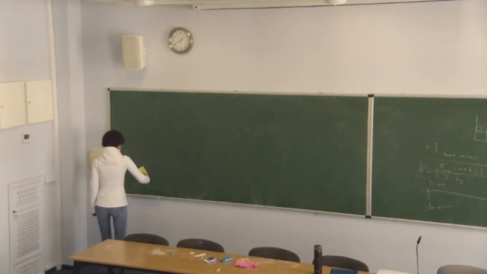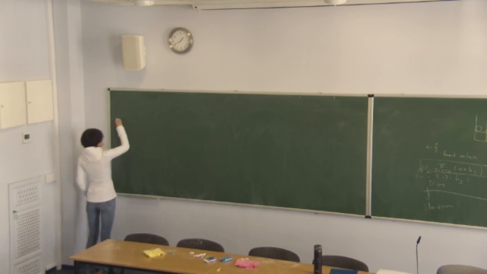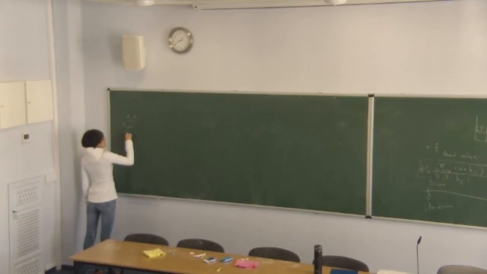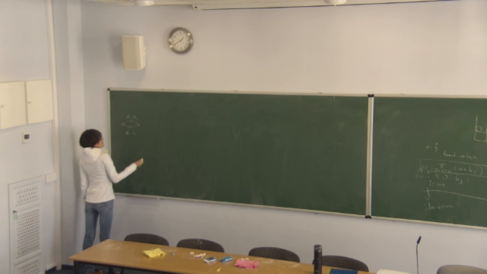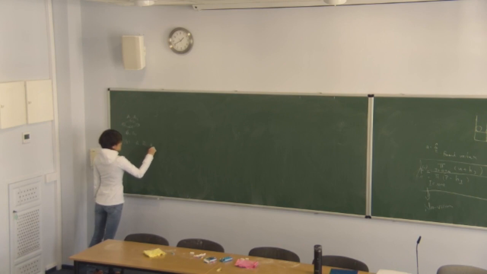So Daniel asked me about this resolved conifold case. So the quiver for that is this: A1, A2, B1, B2, with vertices 0 and 1. And the potential is A1 B1 A2 B2 minus A1 B2 A2 B1.